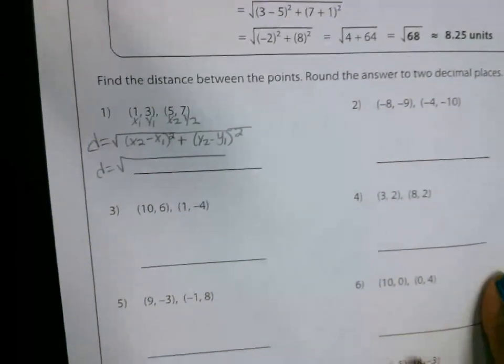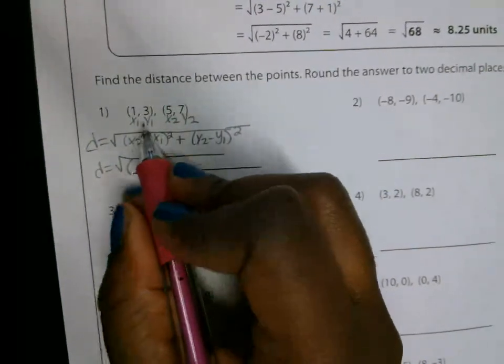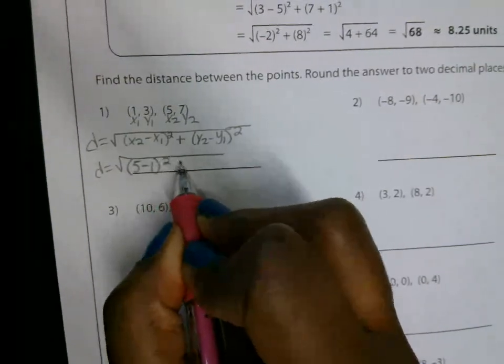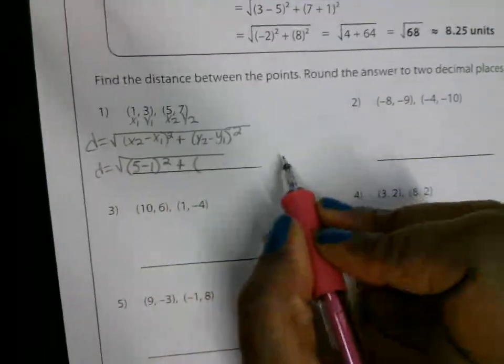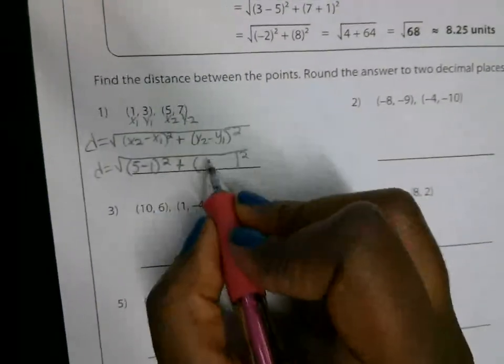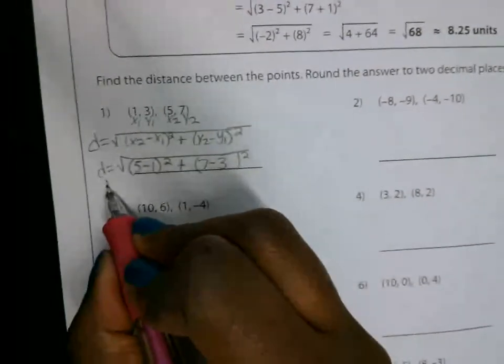All right, so in the parentheses, we're going to subtract the x's first. So in the parentheses, we have 5 minus what? 5 minus 1 and square it. And in the parentheses here, we have what minus what and squared? 7 minus 3. 7 minus 3. What is 5 minus 1? 4.